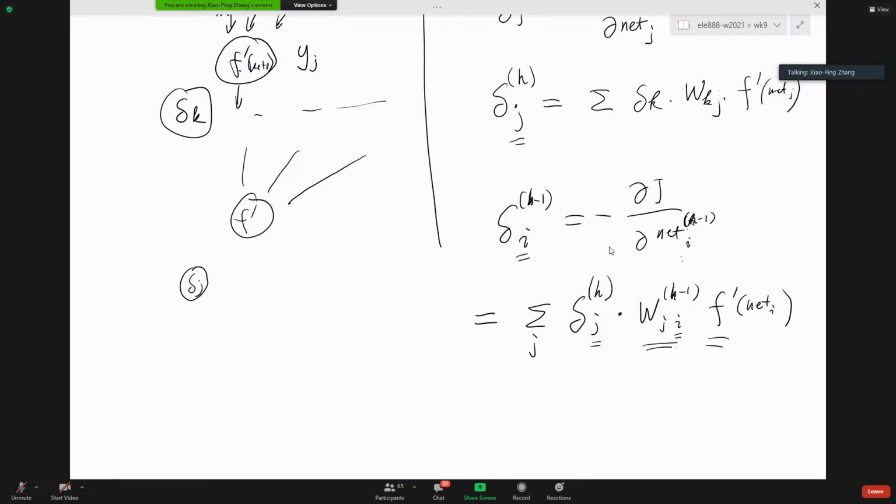But the format looks like an error for that particular layer, which can be used to compute the gradient to adjust the coefficient of that layer. Any questions?